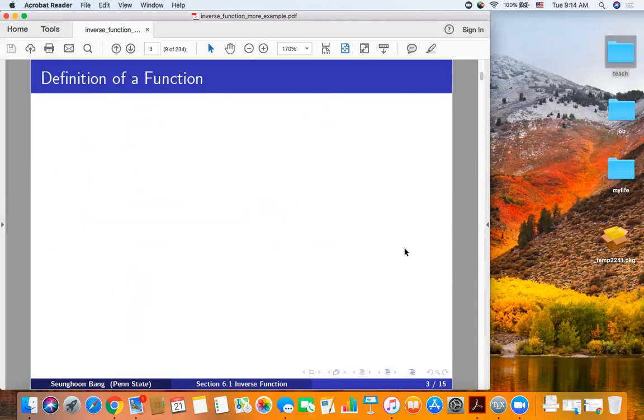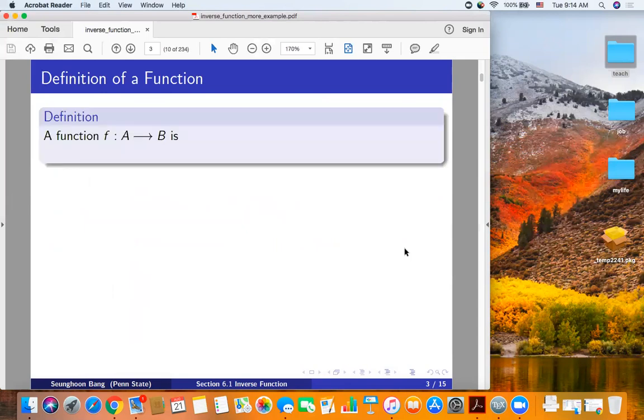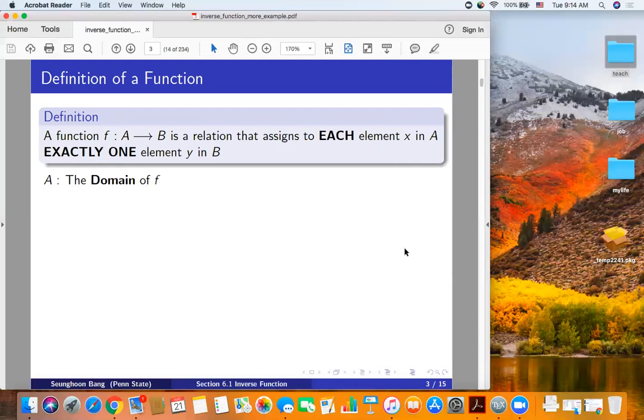The definition of a function. A function f from A to B is a relation that assigns to each element x in A exactly one element y in B. This is the definition of a function. We call A the domain of f.